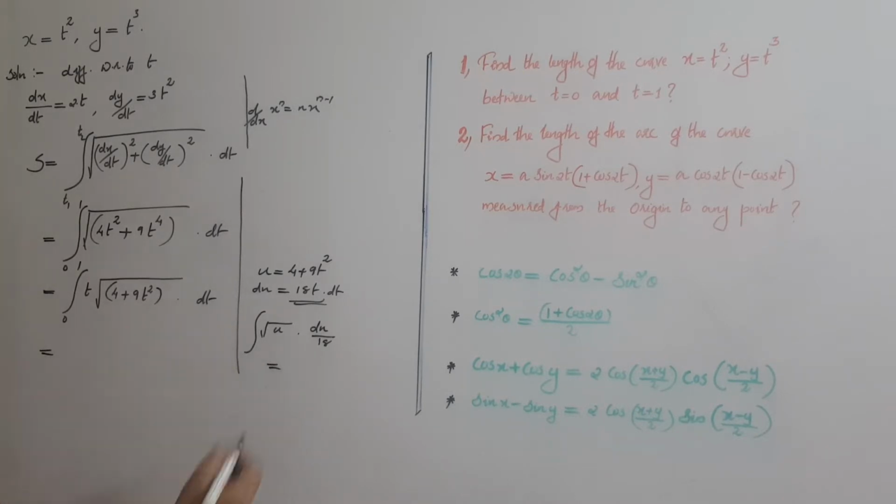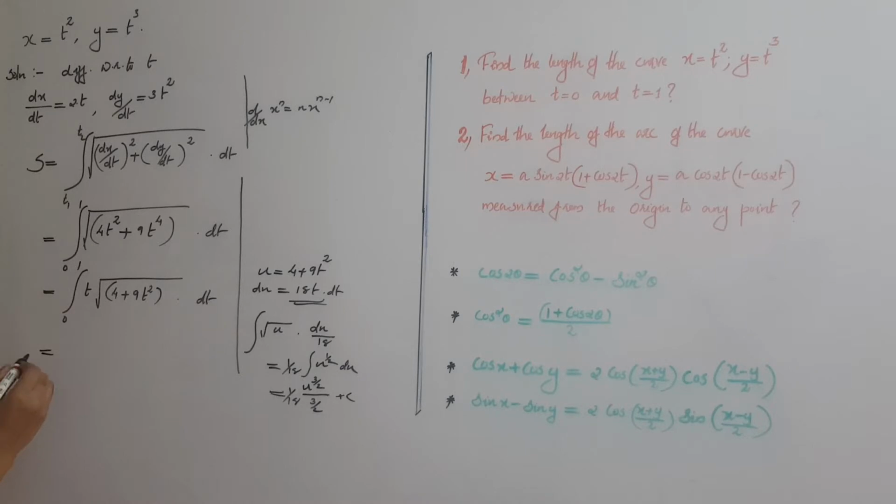Or 1 by 18 into integral of root u, that is u raised to half, into du is equal to 1 by 18 into u raised to 3 by 2 divided by 3 by 2 plus a constant c.